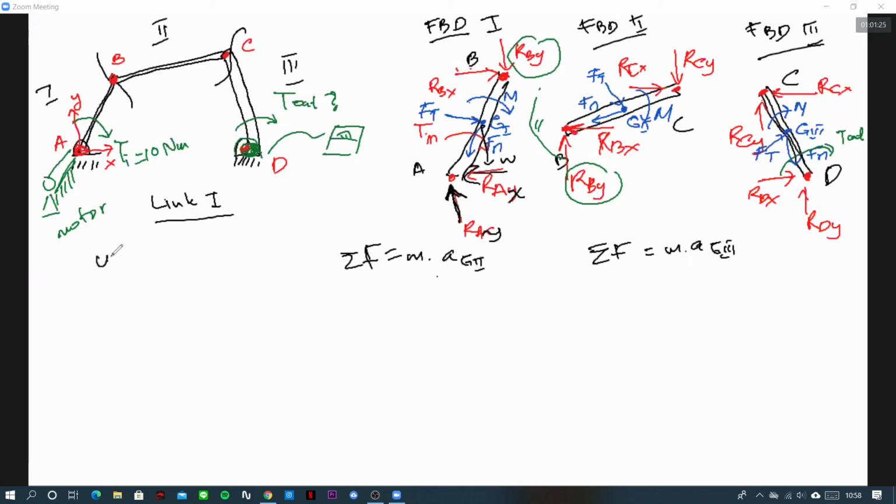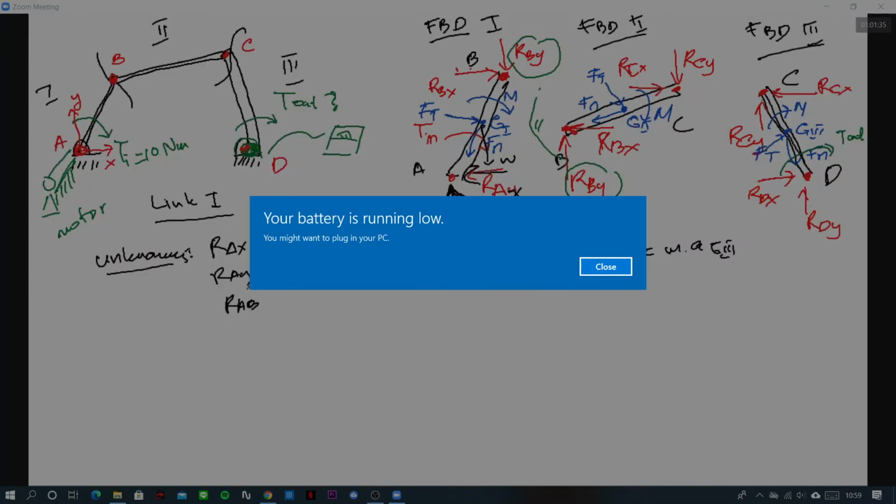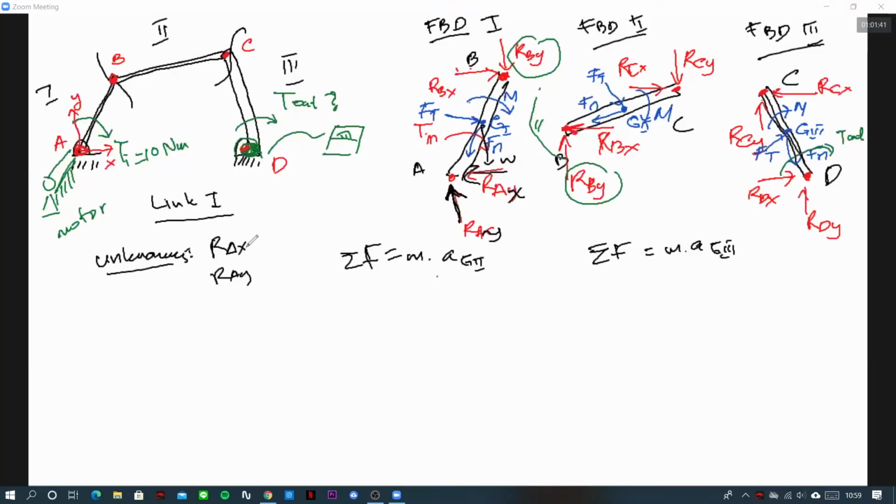So here I have unknowns. We have RAX, RAY, RBX, and RBY.